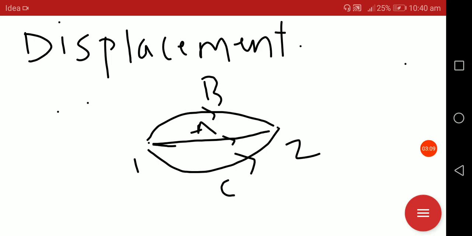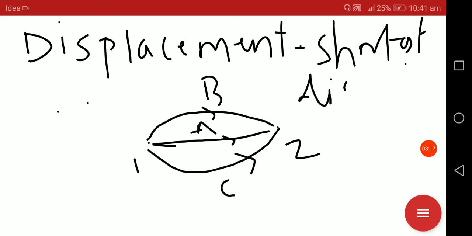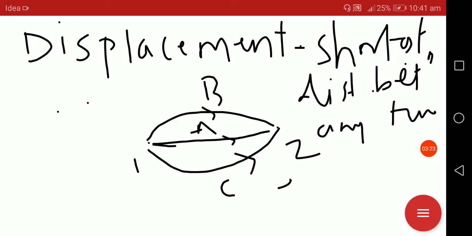So displacement is nothing but the shortest distance between any two extreme points.